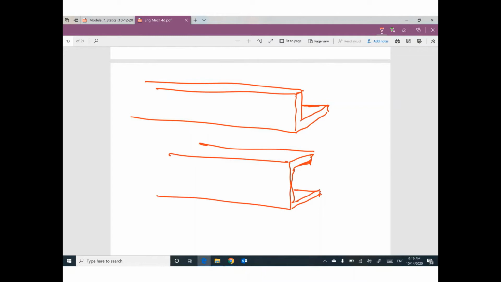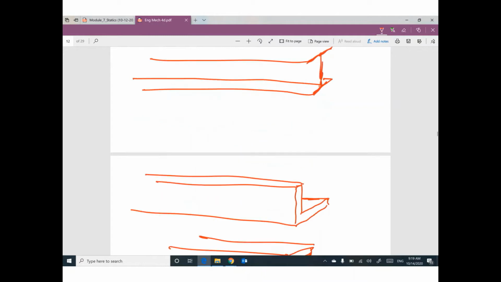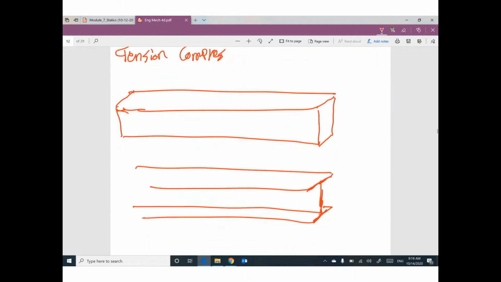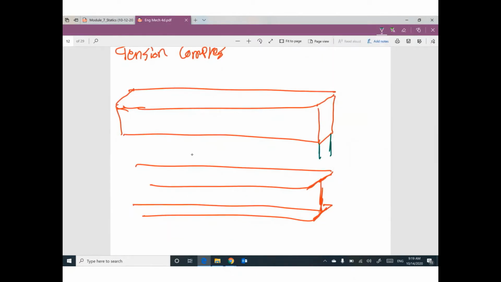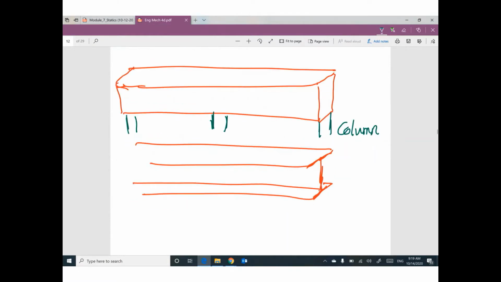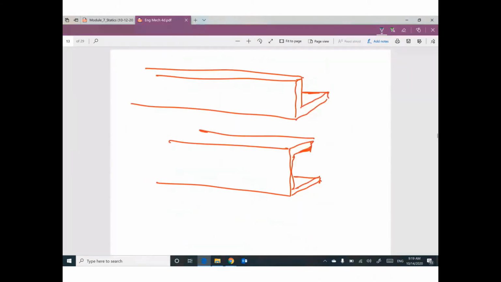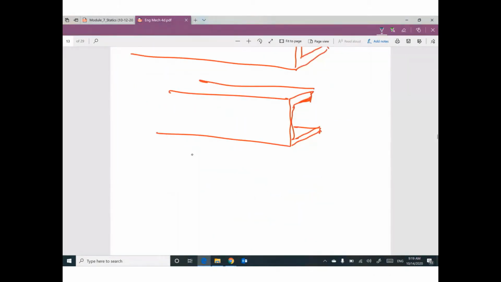Whatever the shape of the beam, these beams are supported here by something called a column. In our course, I will assume the beam looks like a line. And your support, whatever the type, is roller or hinge or fixed.